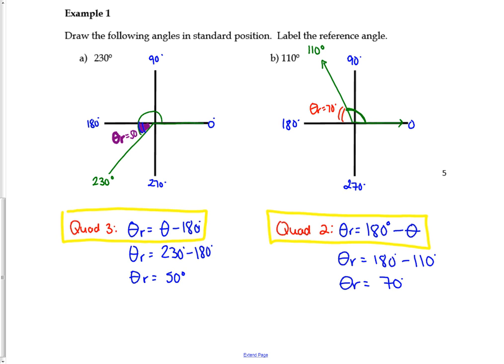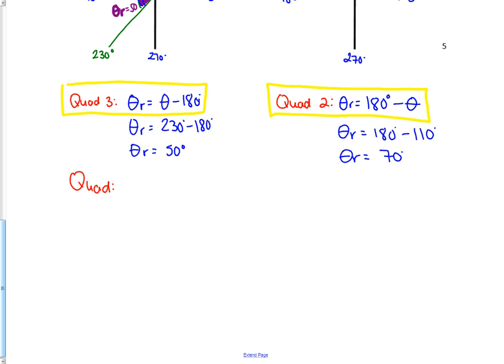On a side note, if you're in quadrant 1, how would I get my reference angle? So if you have a rotation angle, say of 70 degrees in quadrant 1. Yeah? It's just the angle. It is the angle. So it's nothing special.